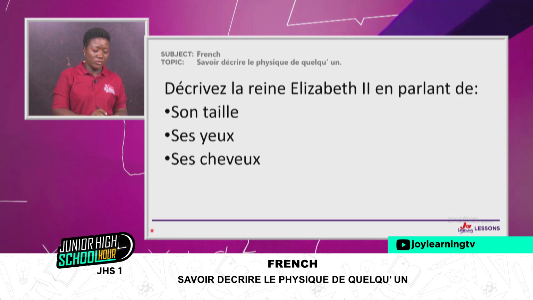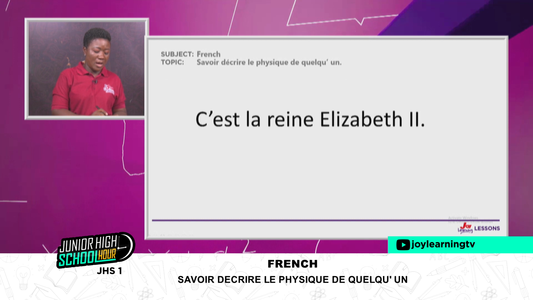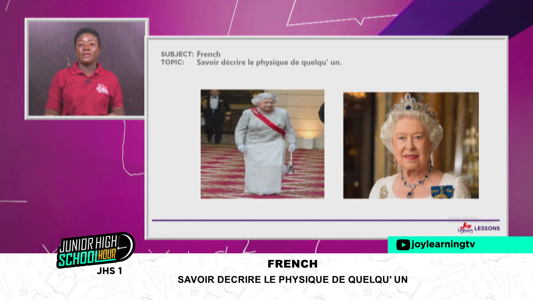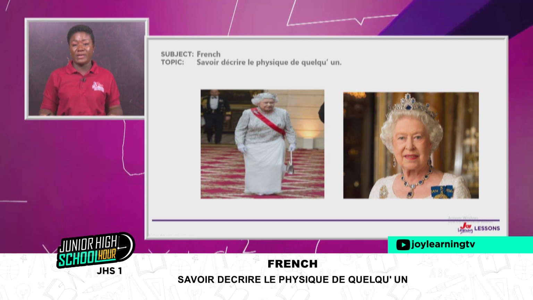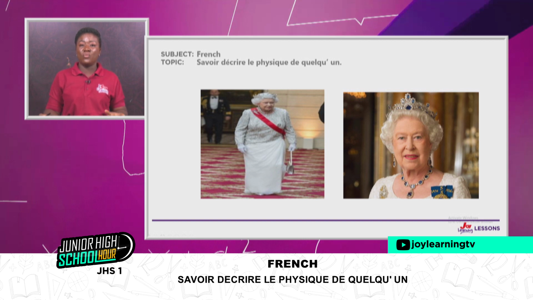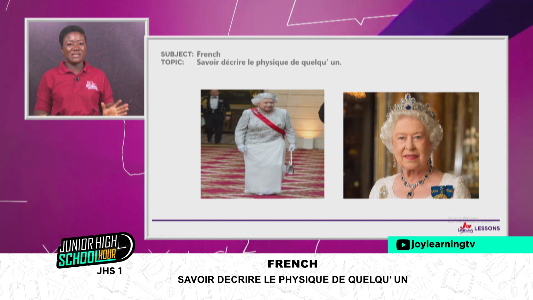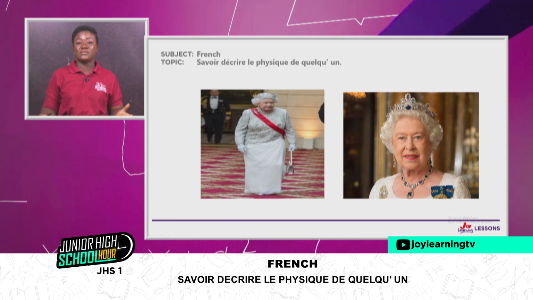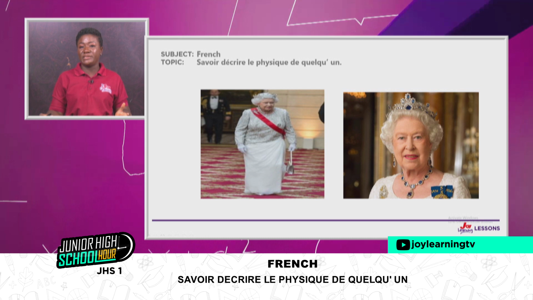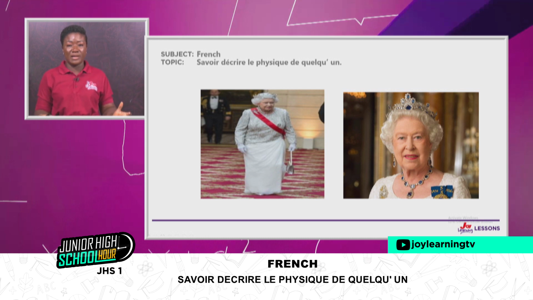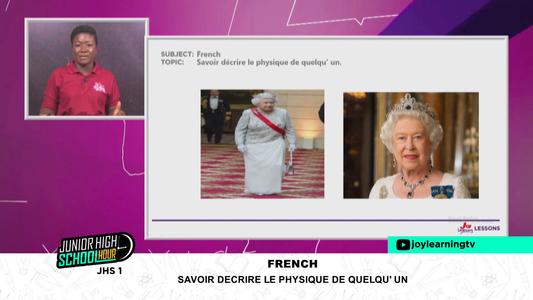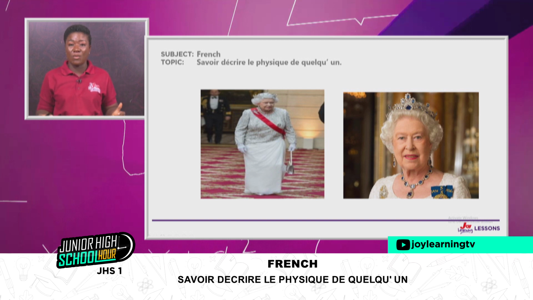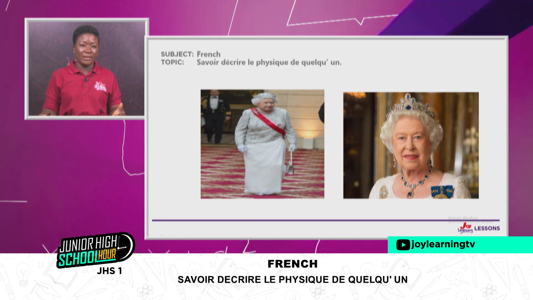So before we go to the second image, I'll put the picture back on our screen for you to look at her well and then write at least a sentence each. One sentence talking about her physical body, how her physical structure looks, and then one sentence for how her hair looks, and then one sentence for how her eyes look.